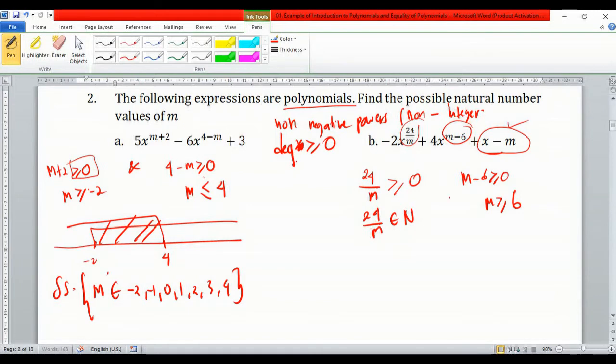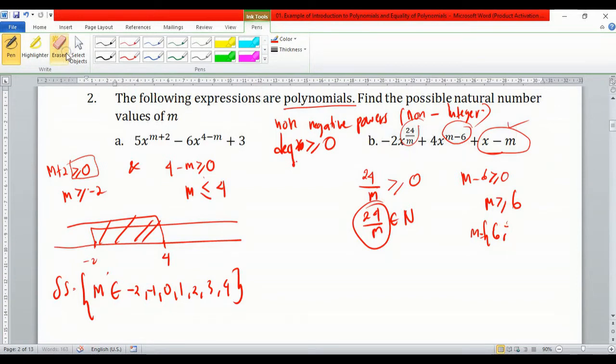Correct. So from here, we get m more than or equal to 6, and 24 over m is an element of the natural numbers. So you need to think about which values of m are consistent with 24 over m being a non-negative integer. So m is 6, 7, and so on.